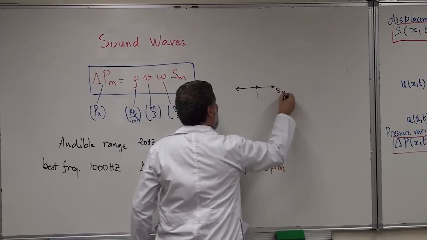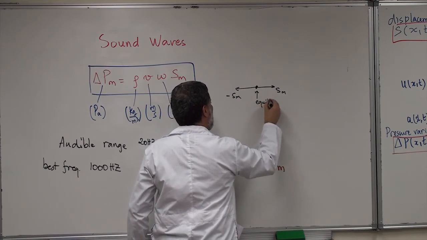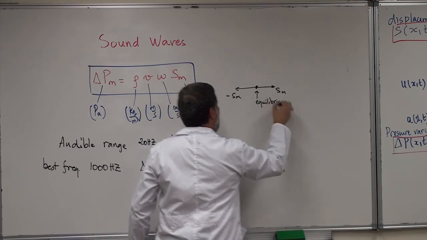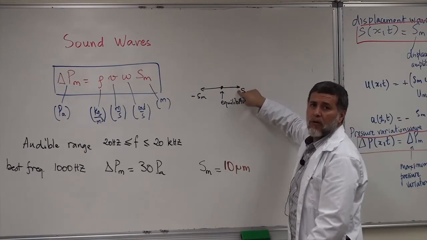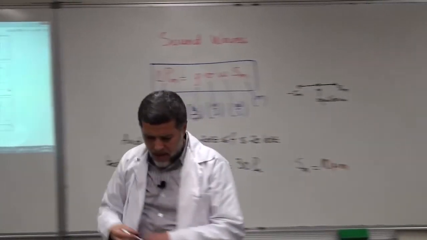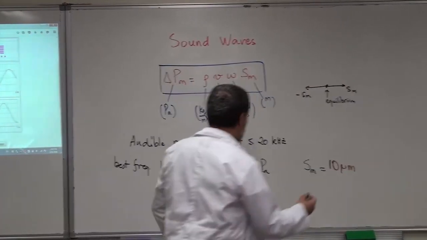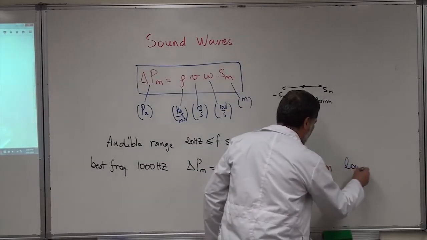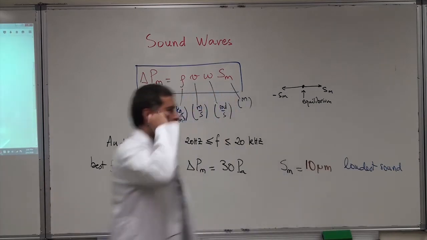This is SM, and this is minus SM. Now imagine that this distance is 10 micrometer. It's very small, for this pressure variation. We call this the loudest sound for a human ear.